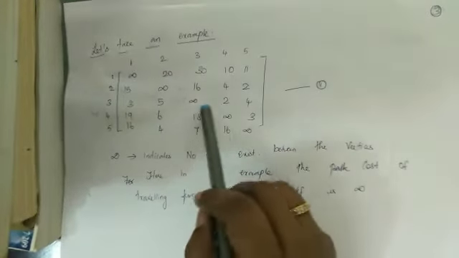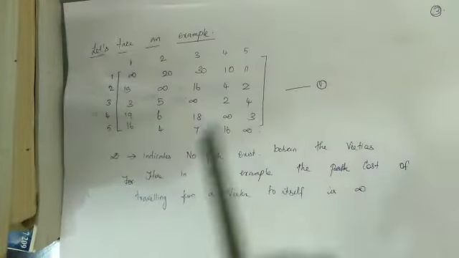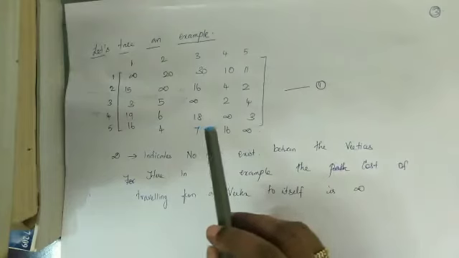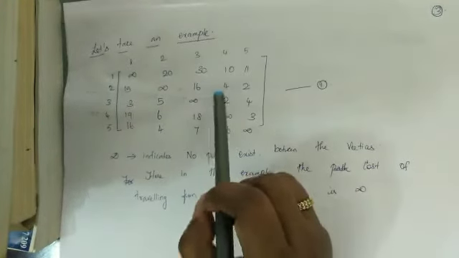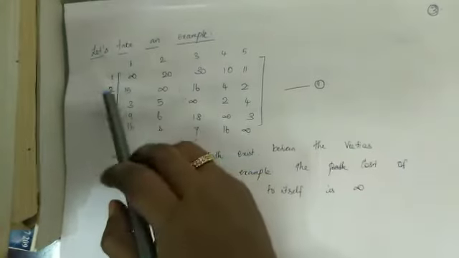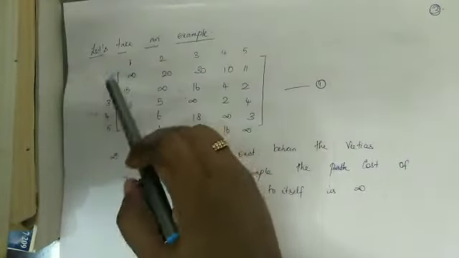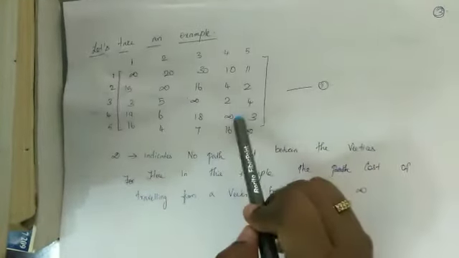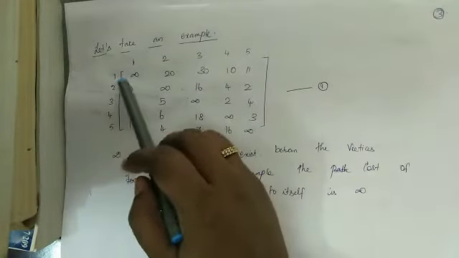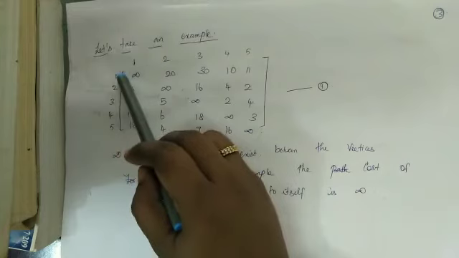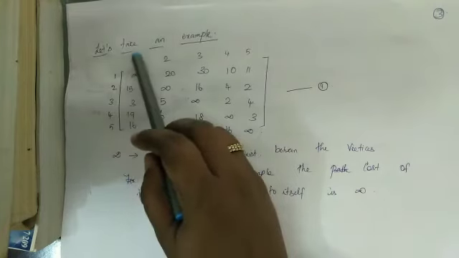This is an adjacency matrix we are going to take today to solve the traveling salesman problem. The graph of the adjacency matrix I'll show later. These are the costs of the edges connecting the vertices. This has to be understood like this: the cost of traveling from vertex 1 to 1 is infinity.